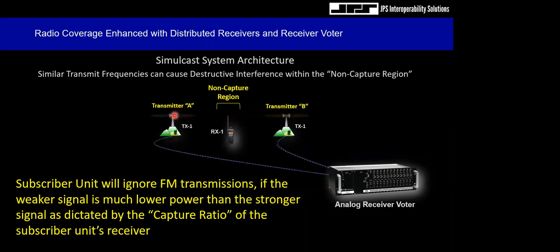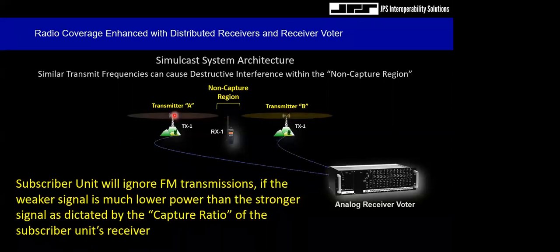And we equate that to the capture ratio, and we express that in decibels or dB. So for instance, if transmitter B, its effective radiated power, was 20 dB lower than transmitter A, we're now going to favor transmitter A because it has a little bit more power, and we're going to completely suppress B. Because of the capture effect, we're going to hear nothing coming from B.